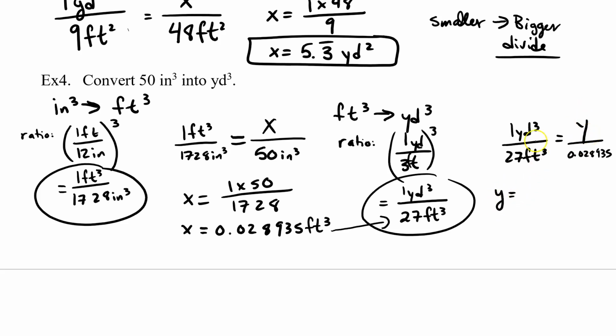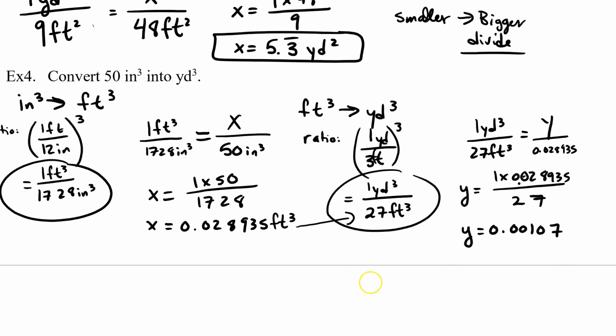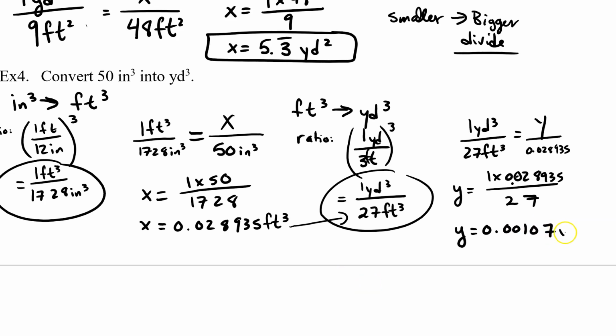So y equals 1 times 0.028935 divided by 27. So I'm going to divide that by 27. And I get 0.00107. And that's going to be my yard cubed.